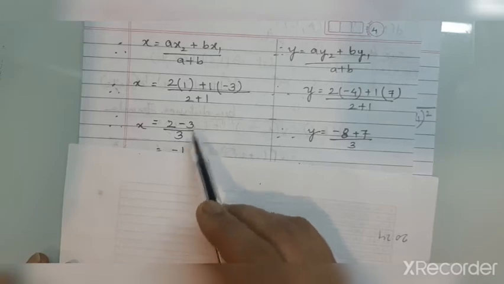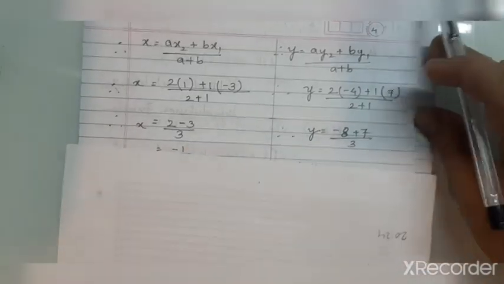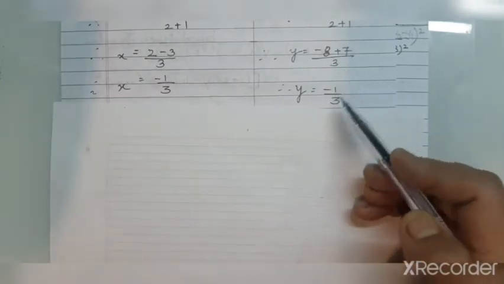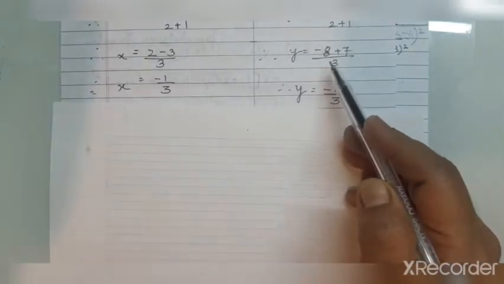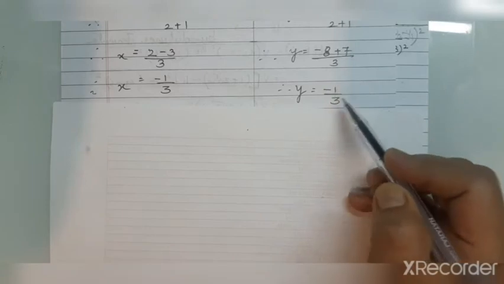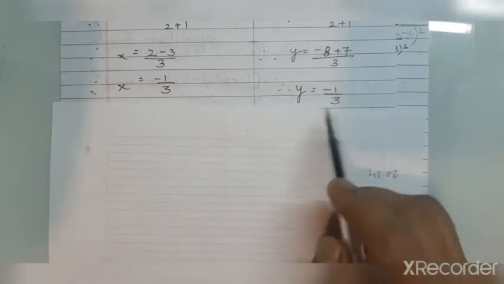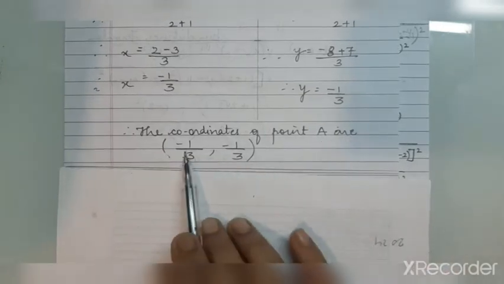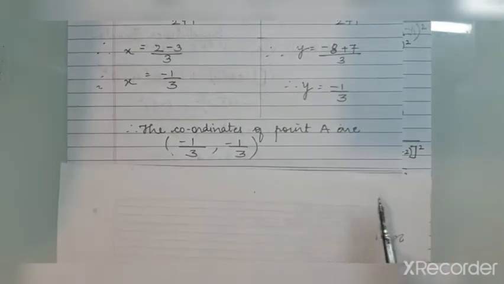This is simple integer calculation which we have studied in 6th standard, upon 3. And here minus 8 plus 7 upon 3, so minus 8 plus 7 is minus 1 upon 3. Now we have got x and y coordinates which are the same. So we'll write the coordinates of point A are minus 1 upon 3 and minus 1 upon 3. It can be that both the coordinates are the same.